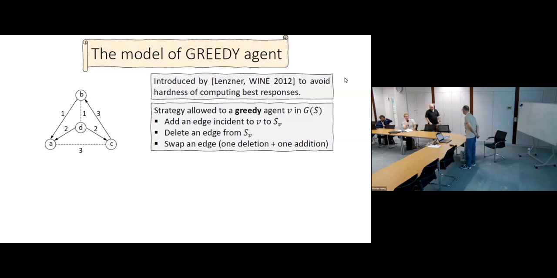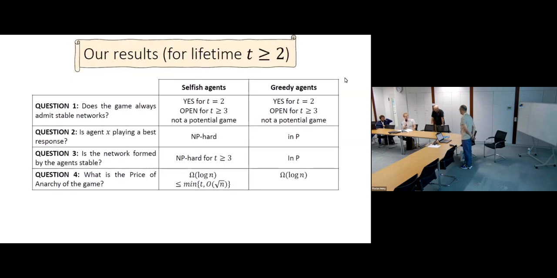So you provided lower and upper bounds for greedy agents and not greedy agents. Do you have some kind of intuition where the price of anarchy is higher or lower? So we didn't explore the model of greedy agents that much, but for selfish agents, we tried to improve our upper bound to the price of anarchy because we somehow believe that the real upper bound to the price of anarchy is very close to the lower bound.